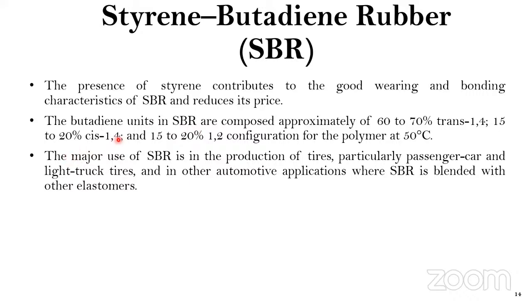So where do we use this SBR? The major use of SBR is in the production of tires, particularly passenger car and light truck tires, or in other automotive applications where SBR is blended with other elastomers. So tire manufacturing for passenger cars and light trucks is a use in automobile applications.